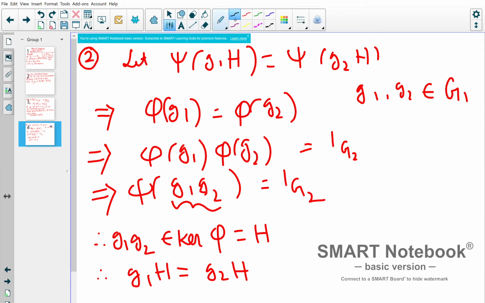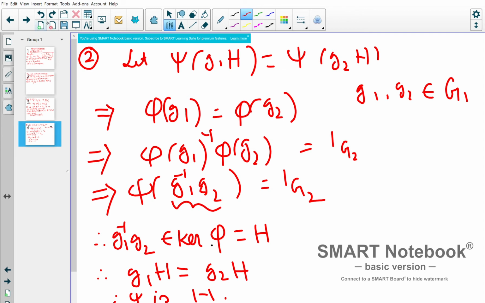I will take the inverse to the other side, then G1 inverse, and then G1 inverse G2, right? And now it's clear. But it's the same, a similar proof. So this proves that psi is 1-1, right? 1-1 means injective map.